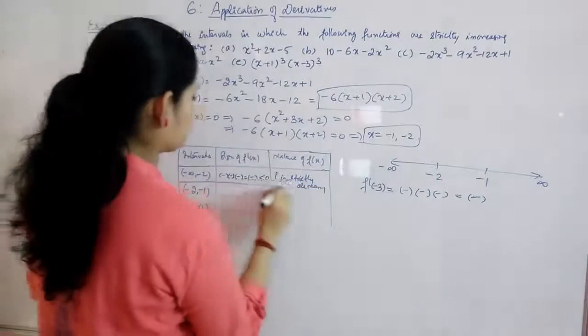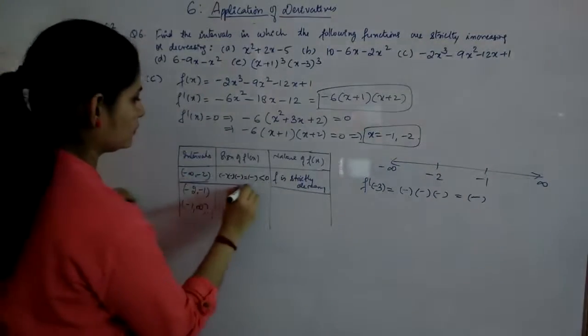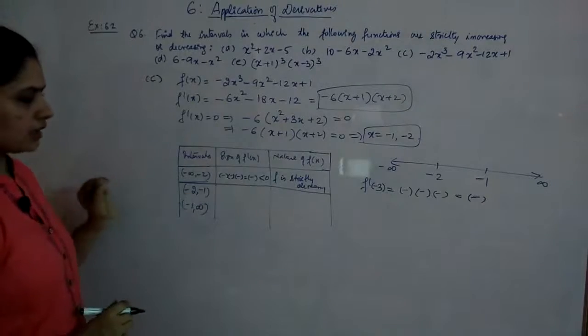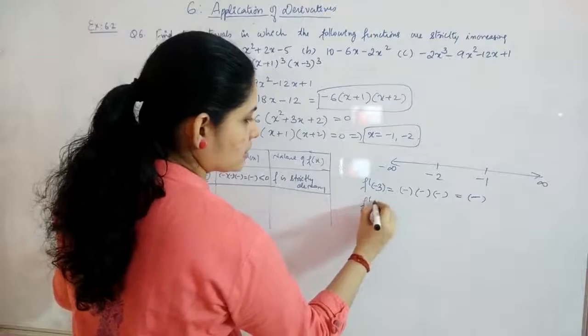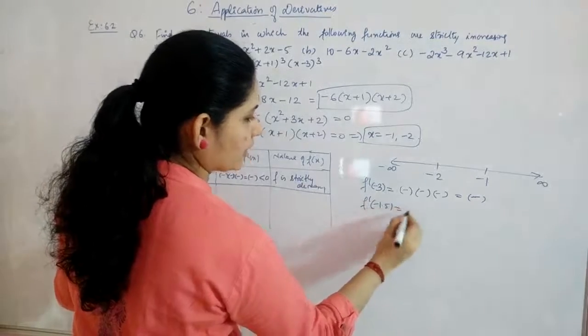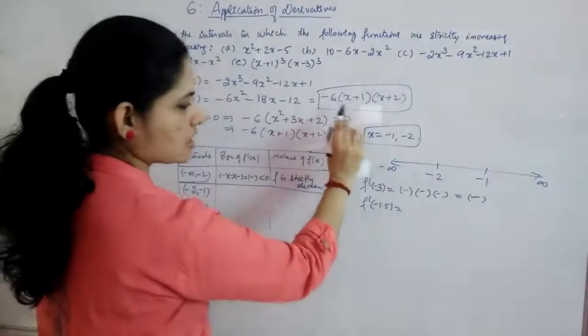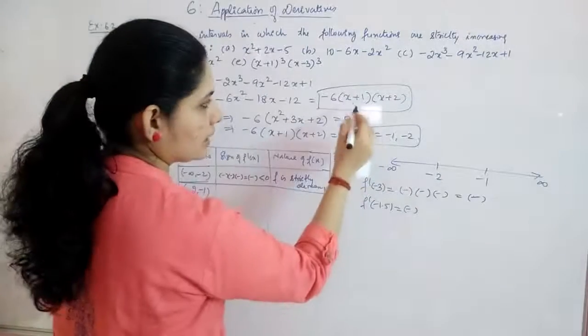So this is your first one. Next, minus 2 to minus 1. You can take minus 1.5 in between, that is f dash of minus 1.5. Again, we need not find the value; you can just check what you will get. First term every time negative, minus 6. So that negative sign will come.